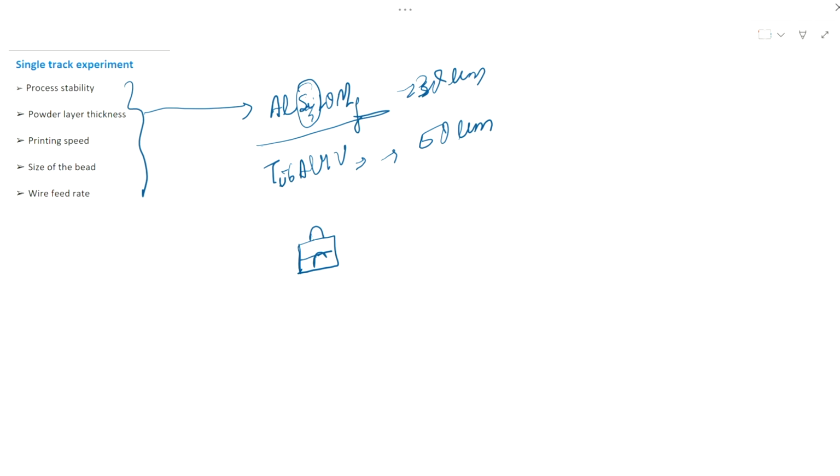Similarly, as I said, this is again the case for Ti6Al4V. If you see the powder particle size, it will come in a range of 10 to 12 micron, 10 to 20 micron, and that should be lower than the layer thickness. The powder particle size should be lower than the layer thickness which I am using.